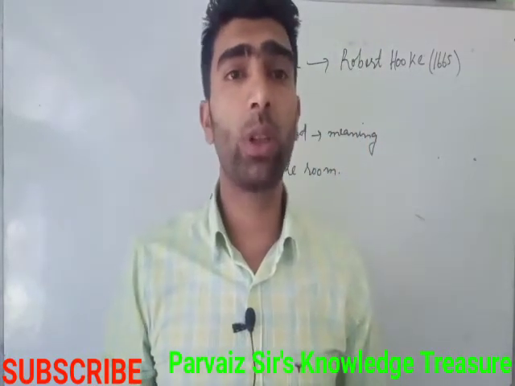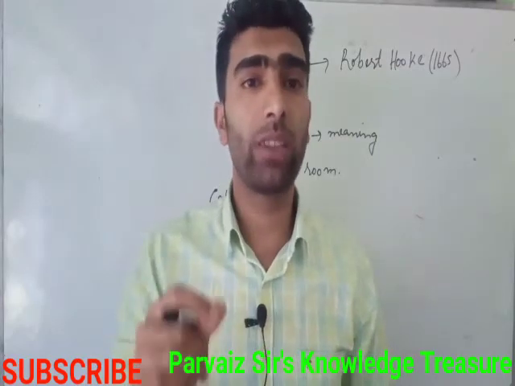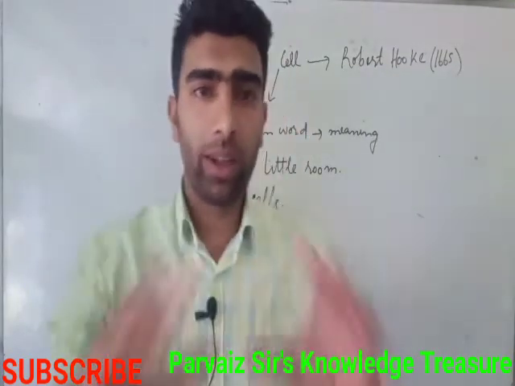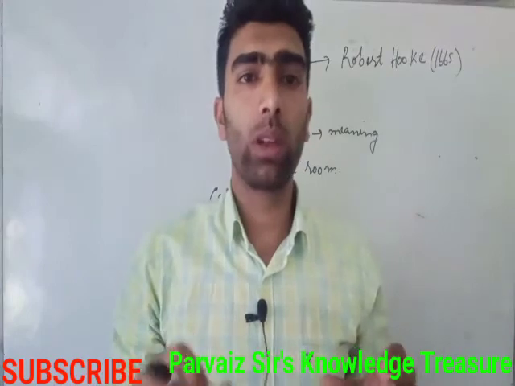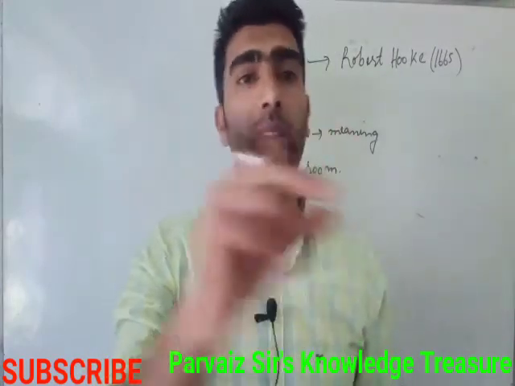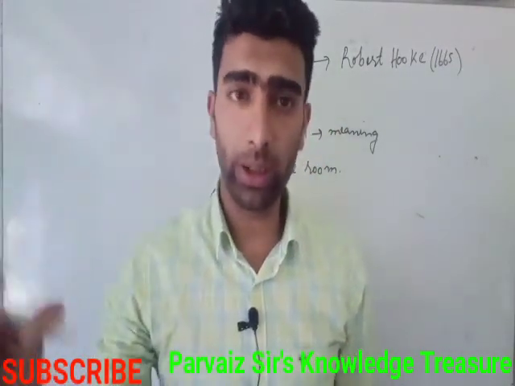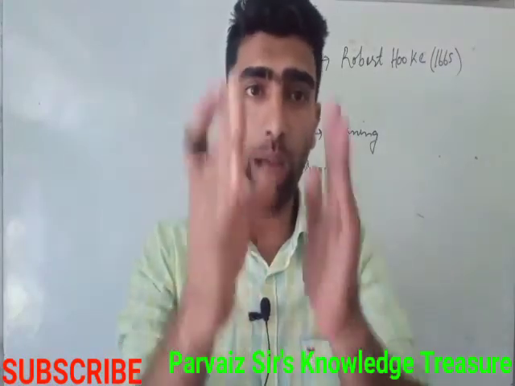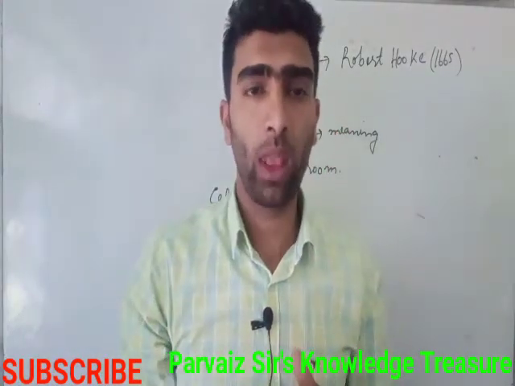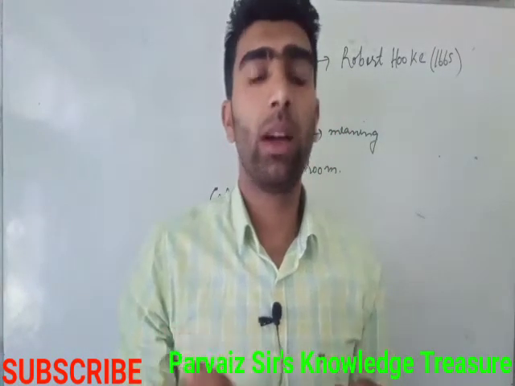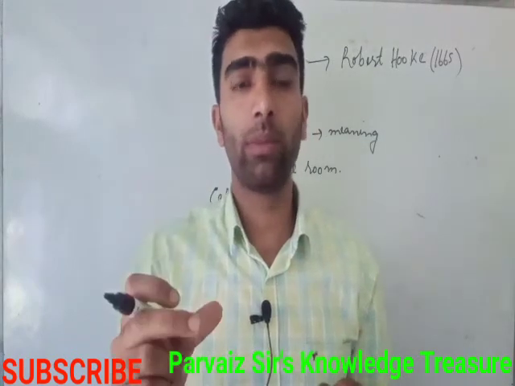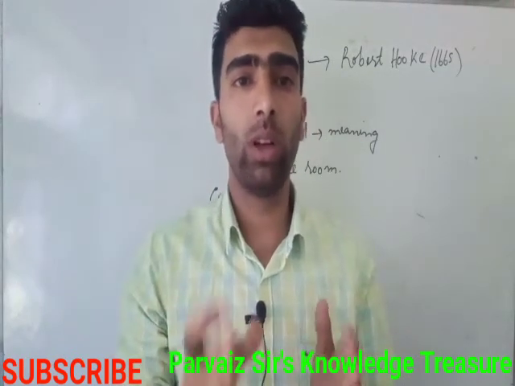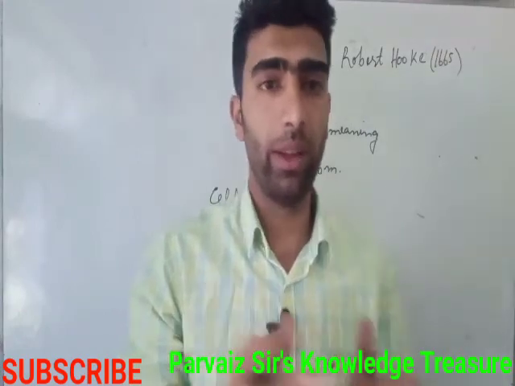The fifth text question is, there is a table given in the book. On one side is prokaryotic cell and on the other side is eukaryotic cell, and we have to complete the differences. The first difference between the prokaryotic and eukaryotic cell is on the basis of size.